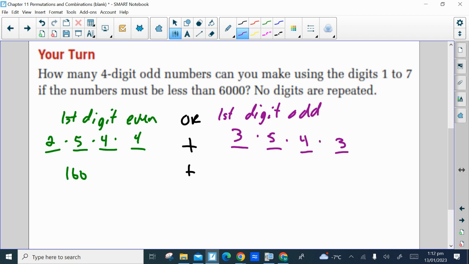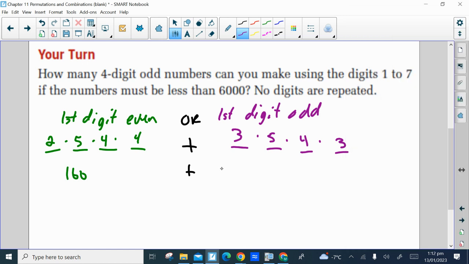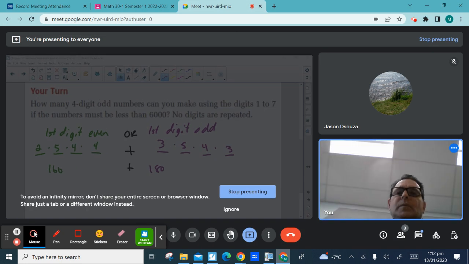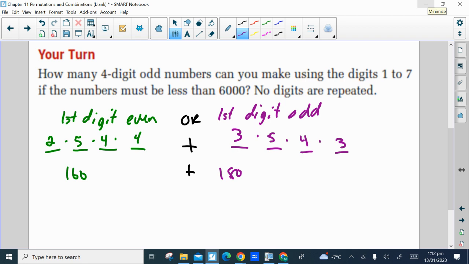Now you're going to multiply 15 times 12, which is 180. And when you add those together, you'll get 340 as our answer.